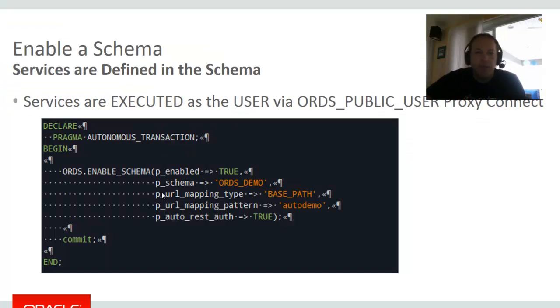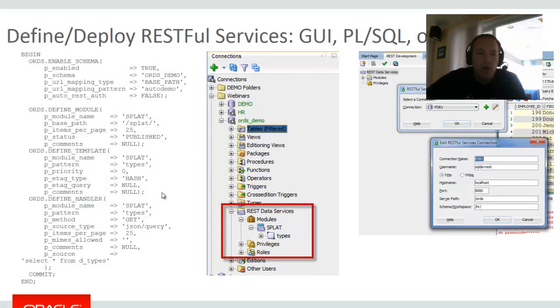All right. So once you have enabled the schema, you can now start building things in that schema, basically. So you can deploy or publish your RESTful services to that schema 3 different ways. You can use the PL/SQL API.